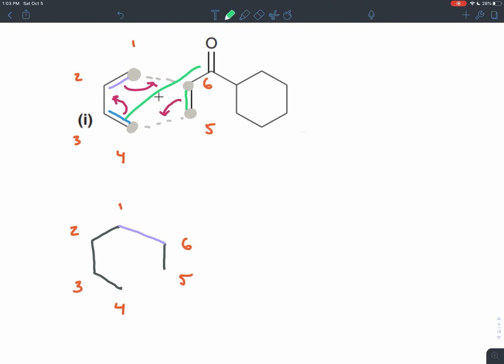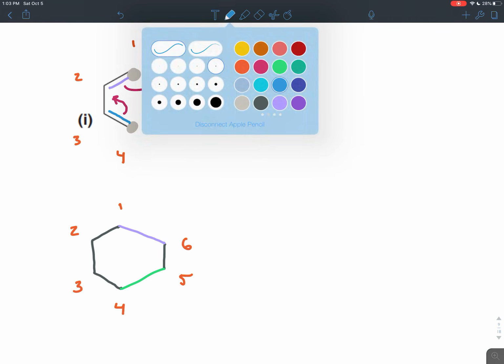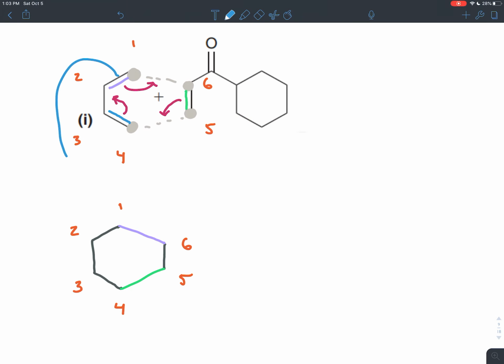The green pi electrons are going to go from being between carbon number 5 and 6 to being between carbon number 4 and 5, so they form that sigma bond there. And then the blue pi electrons are going to go from being between carbon 3 and 4 to being between carbons 2 and 3, so they'll form that new pi bond there.